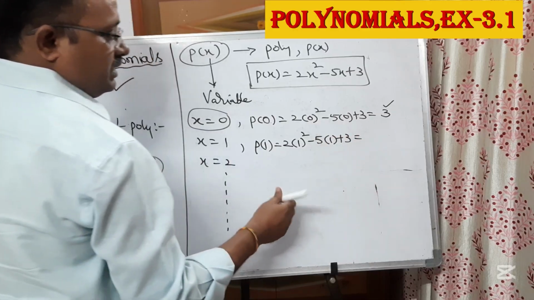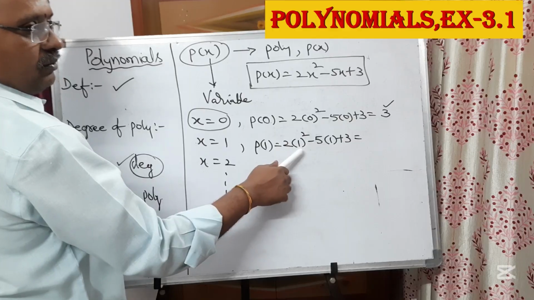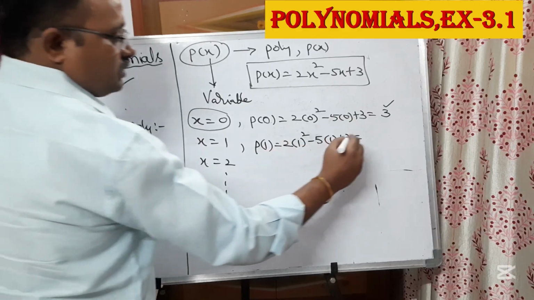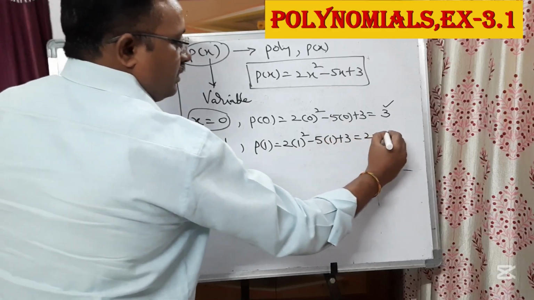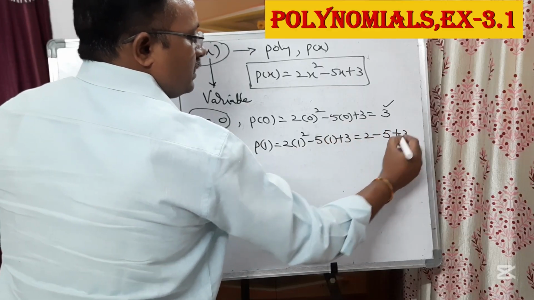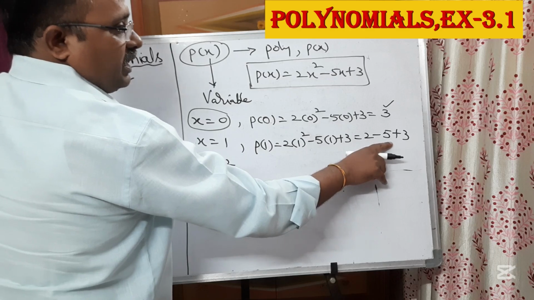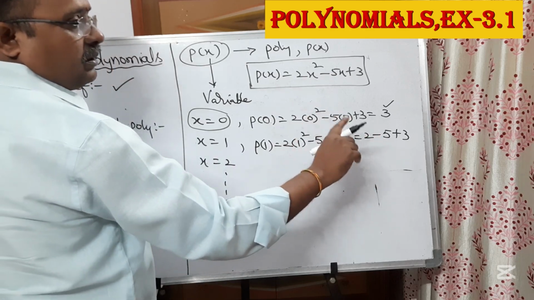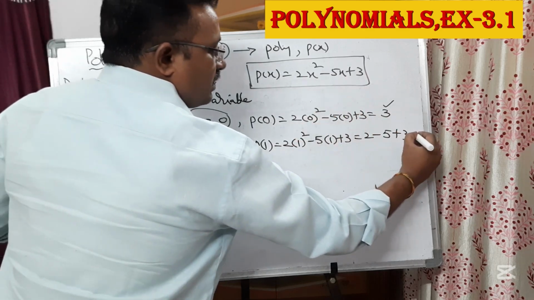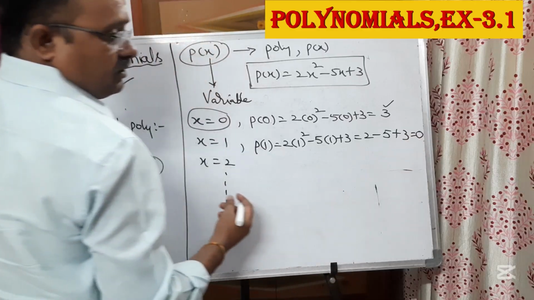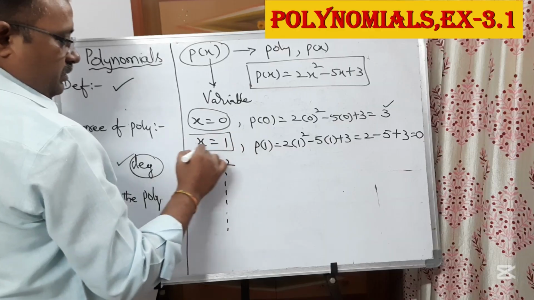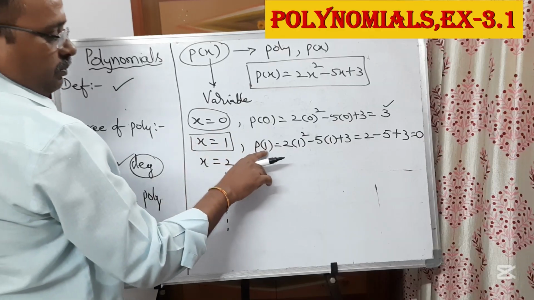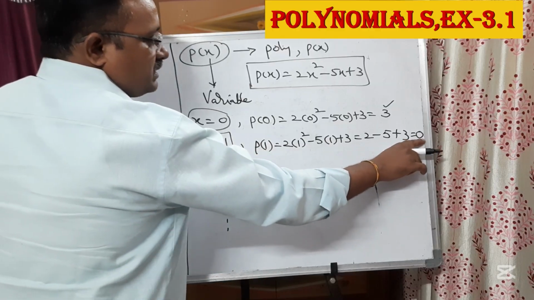Simplify neatly: 2 into 1 square is 1, 2 ones are 2, minus 5 ones are 5, plus 3. So 2 minus 5 is minus 3, minus 3 plus 3 is finally 0. We got 0. So at variable value x equal to 1, the polynomial value we got is 0.